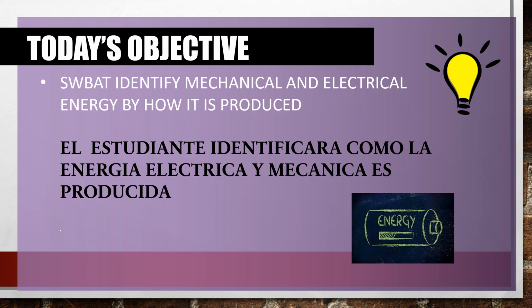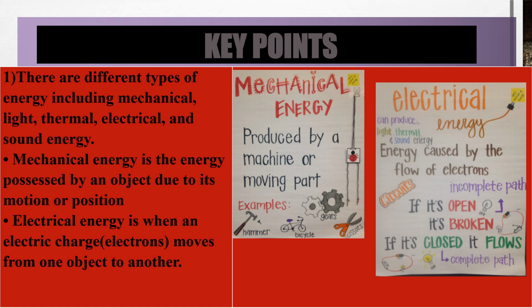Today's objective is: student will identify mechanical and electrical energy by how it is produced. The key points for today are: there are different types of energy, including mechanical, light, thermal, electrical, and sound energy.